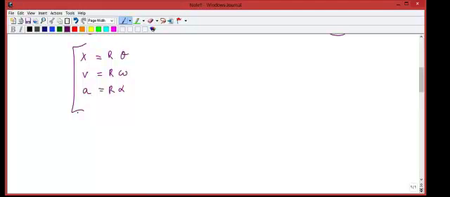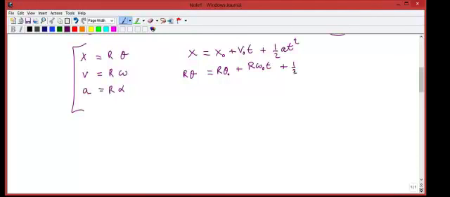This is suggesting that all the equations of motion that we've derived in chapter 2 and chapter 4 can be applied here. Let's take the first one. x is equal to x naught plus v naught t plus 1/2 a t squared. Let's substitute all those relationships. Theta r is equal to theta naught r plus, I'm sorry, not theta, r omega naught t plus 1/2 a is going to be r alpha t squared.